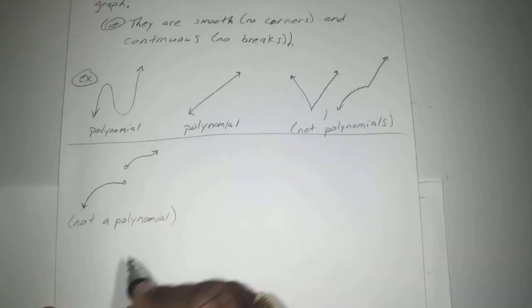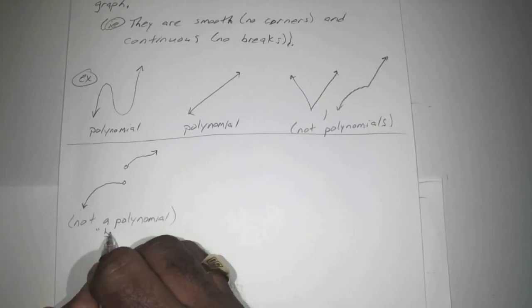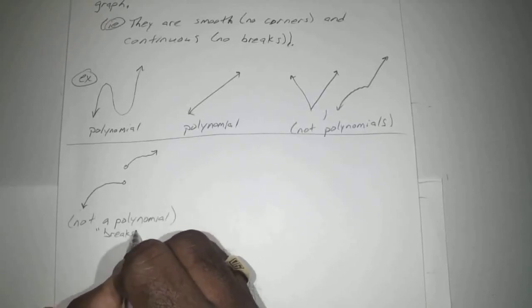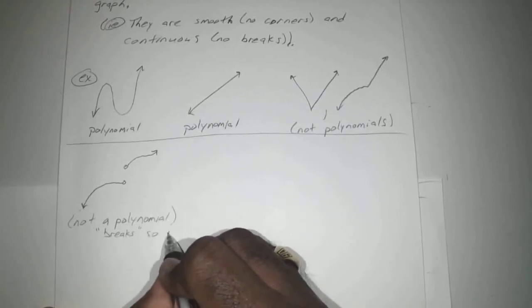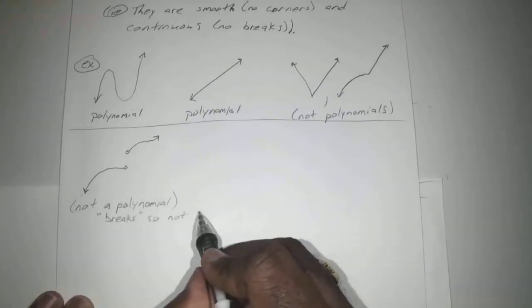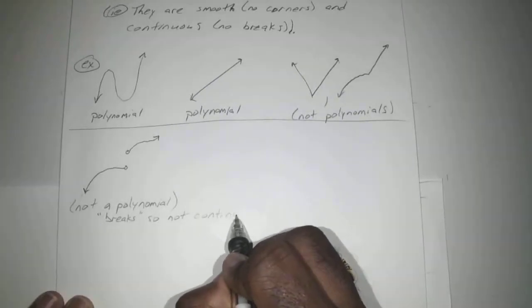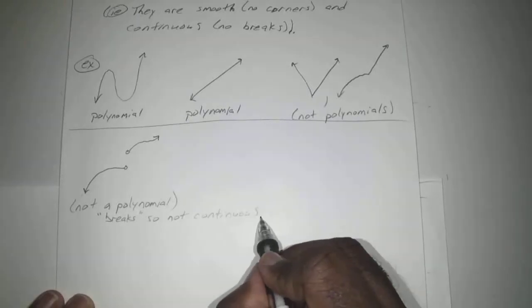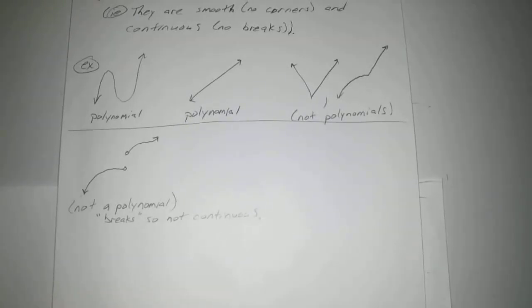Okay, so it's not a polynomial because it has breaks, so not continuous. All right, so any questions on that one? All right.